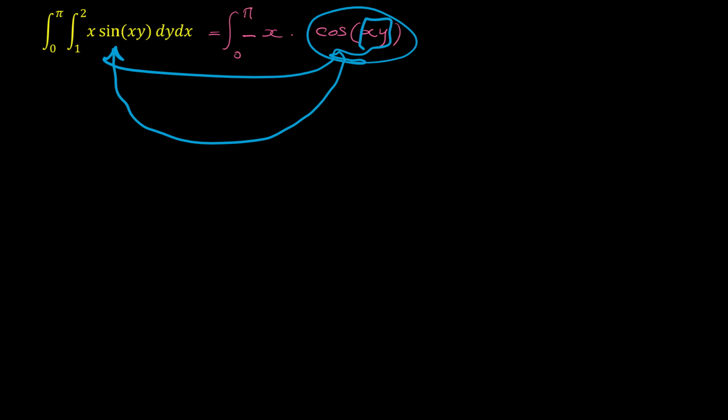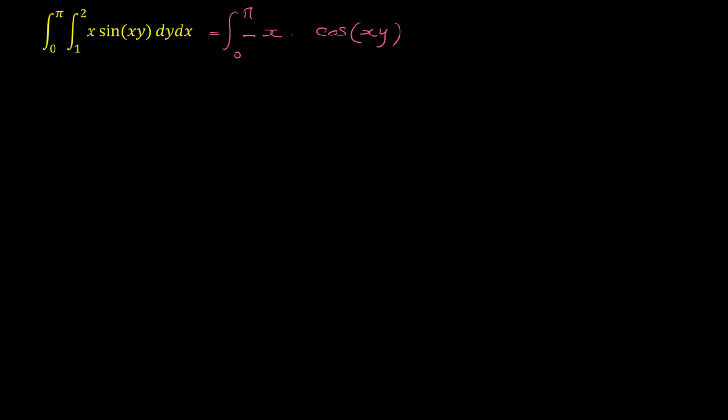But the derivative of the inside, the derivative of xy with respect to y, would give you an extra x. For that reason, we have to put the reciprocal here. So finally, the integral of sine of xy dy is negative 1 over x cosine xy. And all of this is from 1 to 2 dx.